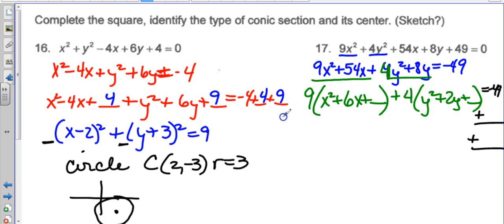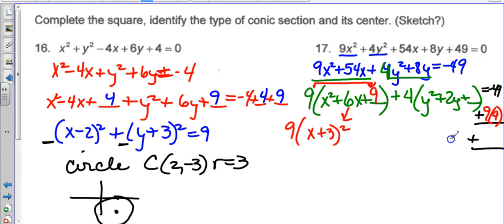All right. This one, half of 6 is 3 squared is 9. Do I put a plus 9 on the other side? Be careful. There's a 9 out in front, so I added 9 nines or 81 to this side.